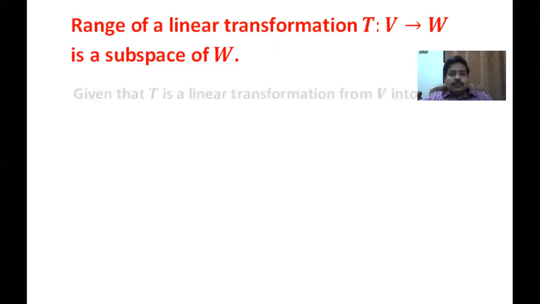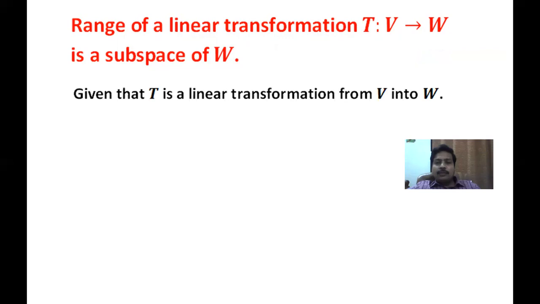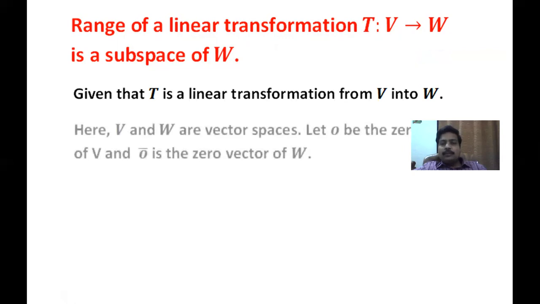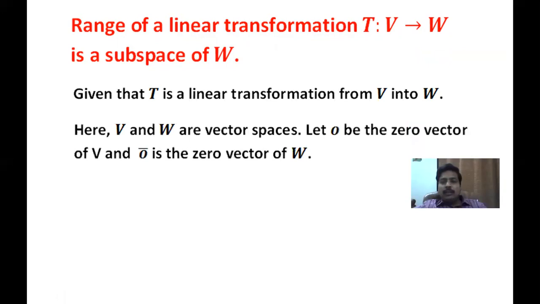So given that T is a linear transformation from V to W, here V and W both are vector spaces, then only the linear transformation is possible.